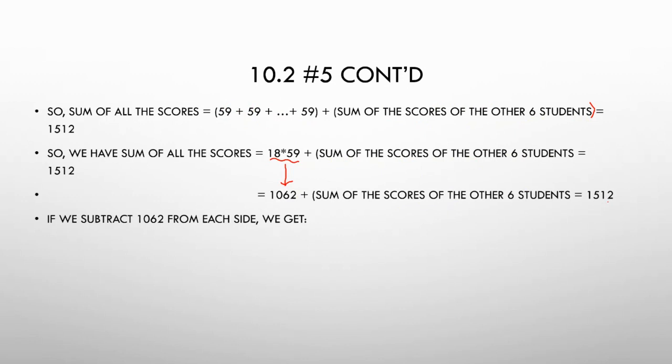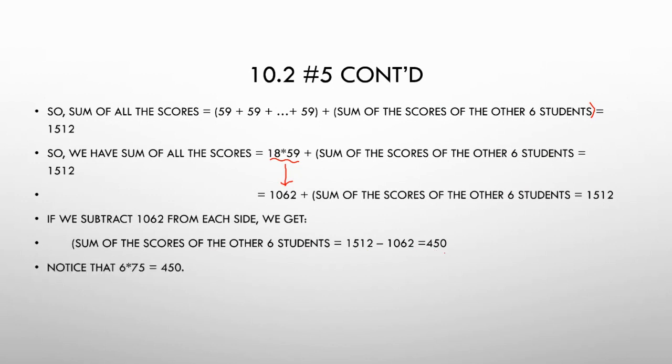And then I'm going to subtract 1,062 from both sides. So that means that the sum of the scores of the other 6 students is going to be 450. And it just so happens that 6 times 75 is 450.